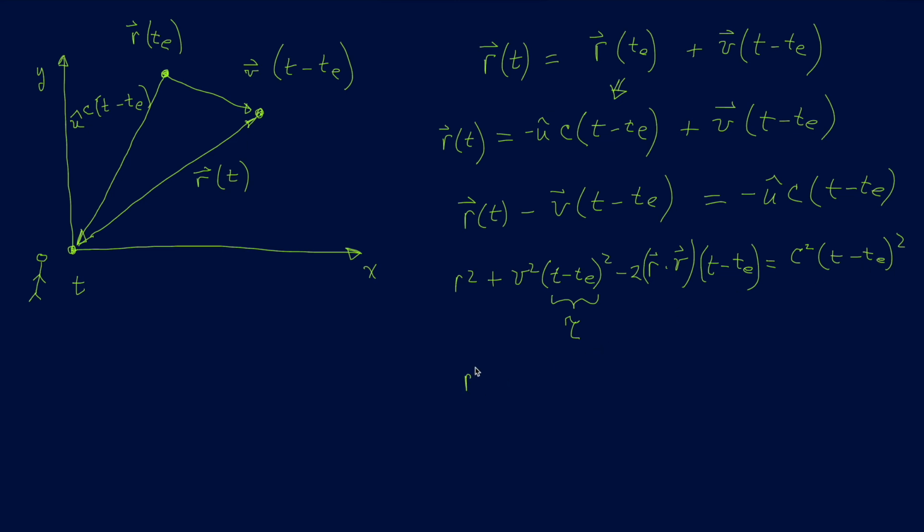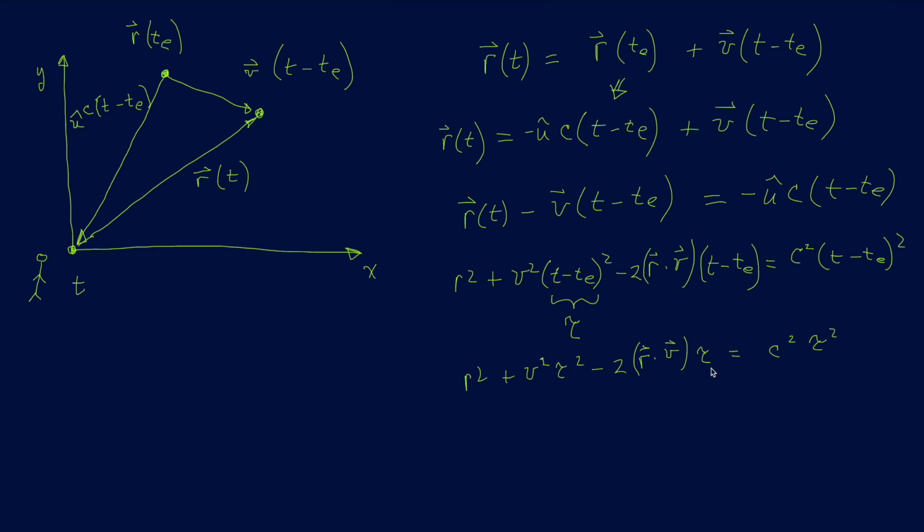So we're going to get R squared plus V squared tau squared minus 2R dot V tau equals C squared tau squared.